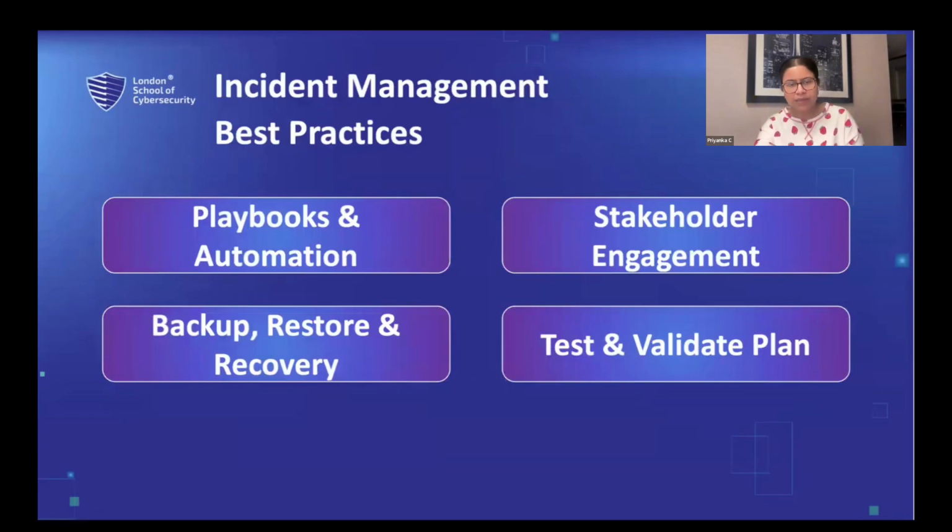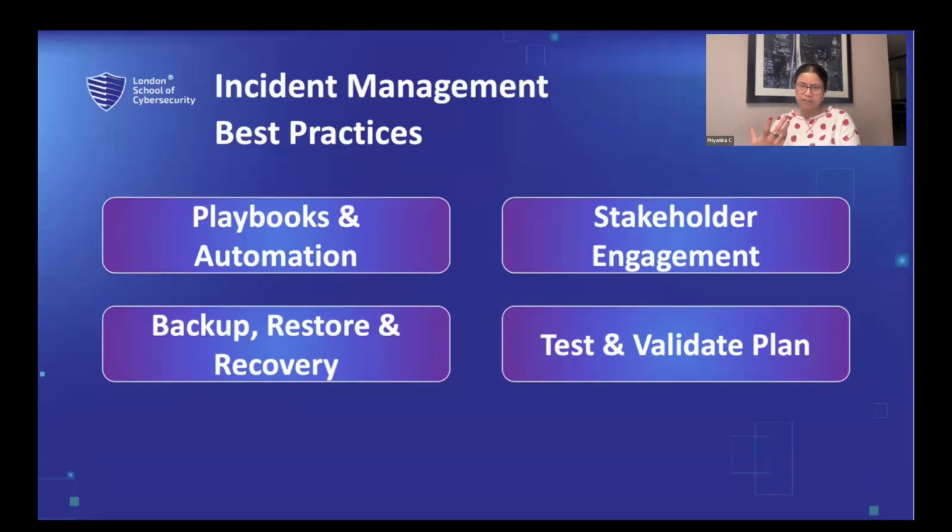Okay. Now, we talked about the controls. Now, let's look at some of the best practices that I always preach that an organization should have. So, the first one is playbooks and automation. The underlying fact to this is to make the lives of the incident managers more efficient and more proactive, right?